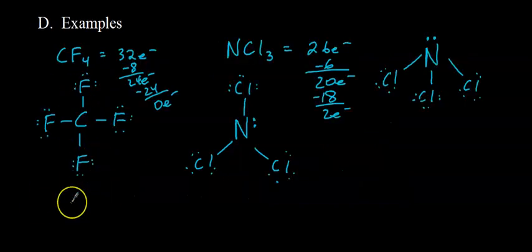Before we do this one, let's use a little bit easier one. Let's look at carbon tetrafluoride. What is the bond order in carbon tetrafluoride? Well, we have 4 bonds divided by 4 bonded atoms, and that gives us 1. So in this molecule, bond order is 1. How about sulfur trioxide?